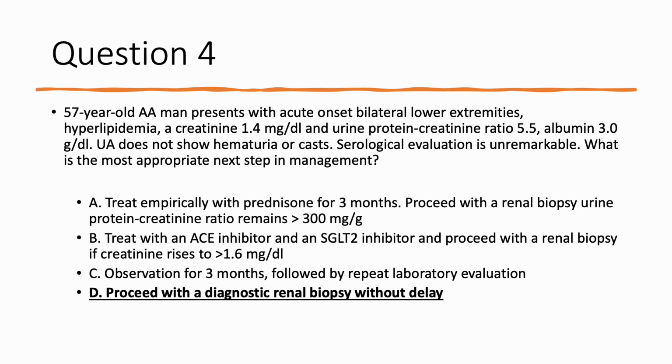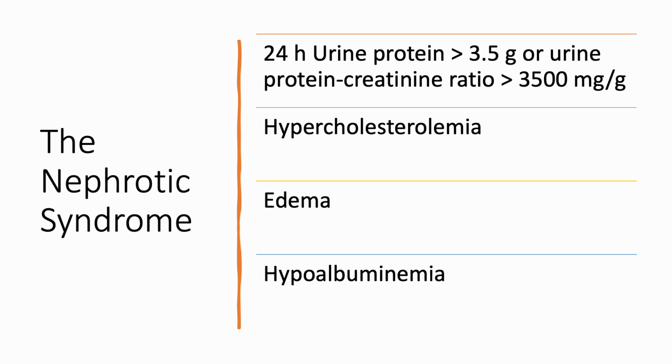So you have to do a diagnostic renal biopsy. A reminder what the nephrotic syndrome is: 24-hour urine protein over 3.5 gram, or if you're doing a urine protein creatinine ratio or albumin creatinine ratio, it's above 3,500 milligram per gram. Hypercholesterolemia, edema, and hypoalbuminemia. You need to have low albumin.